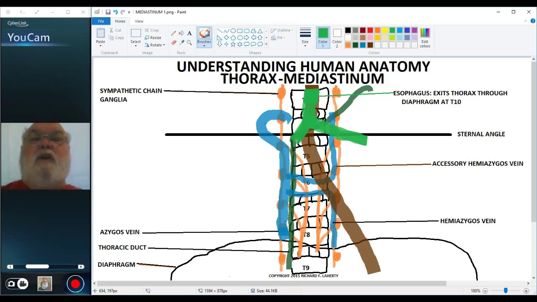And that branching into right and left main stem bronchi is at the level of T4, at the level of the sternal angle. So let me put some labels here.